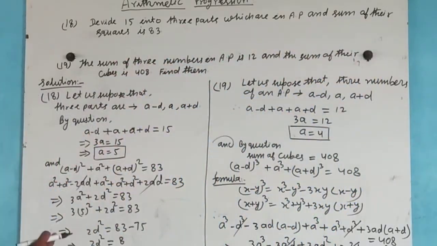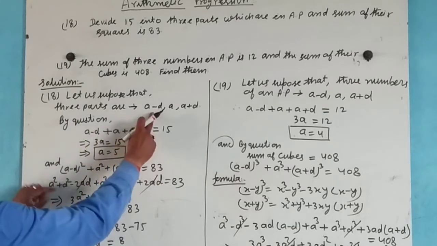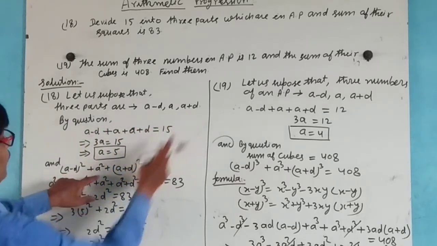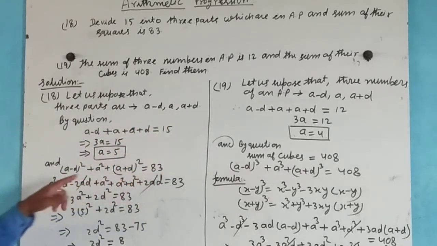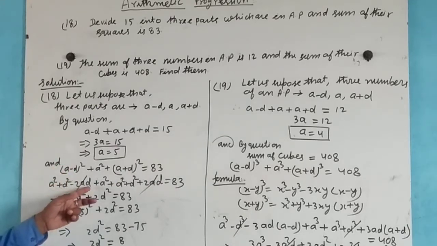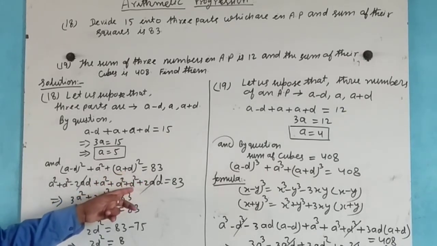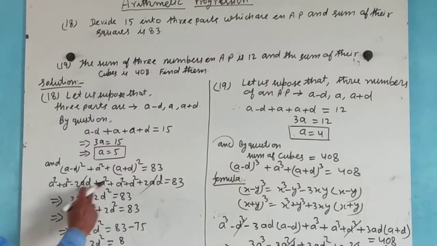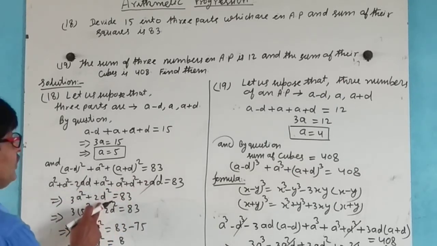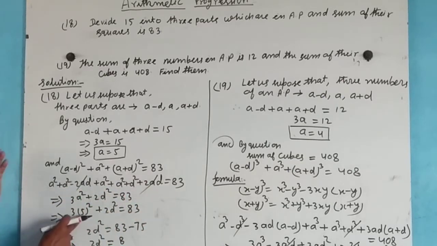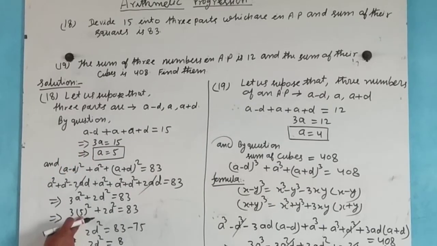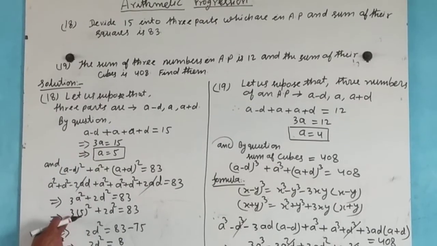Also given that the sum of their squares is 83, so (A minus D) square plus A square plus (A plus D) square equals 83. The whole square of A minus B is A square plus B square minus 2AB, just like this, and this is A square plus D square plus 2AD, and this cancels. A square and A square, 3A square, D square and D square, 2D square equal to 83. A equal to 5, putting this, 5 fives are 25, 3 is 75.